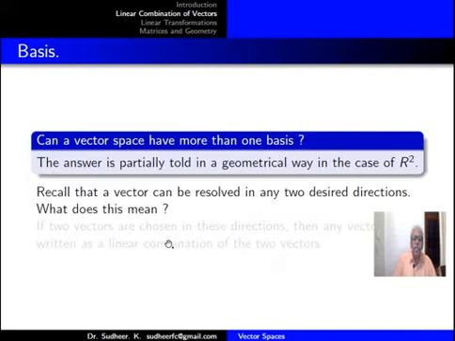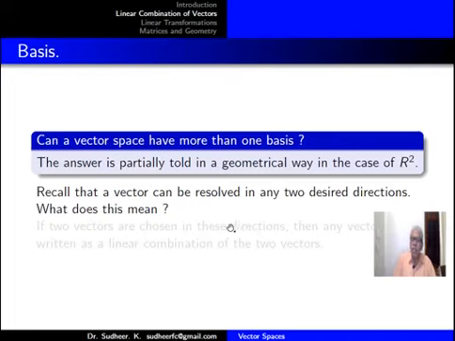Now the question is, can a vector space have more than one basis? This question is answered partially in a geometrical way in the case of R2. See, in the case of R2, we have already remarked that i and j can generate or span any vector in R2. Instead of i and j, if you take some other vectors u and v on the real plane, you could write the vector r as a linear combination of u and v.